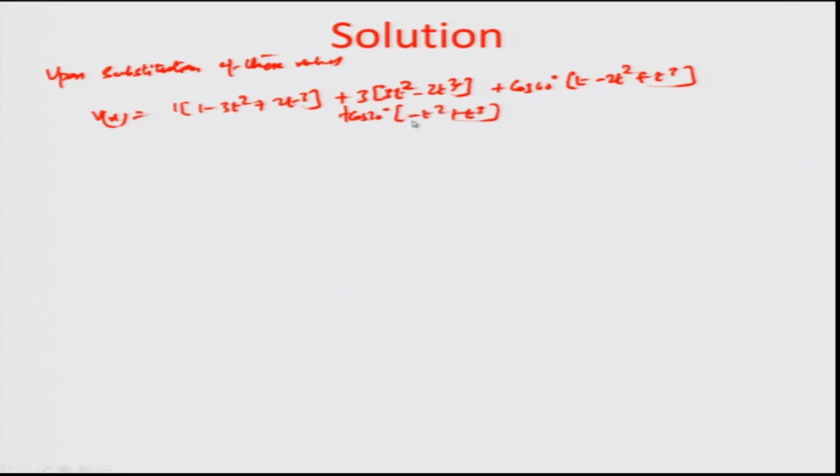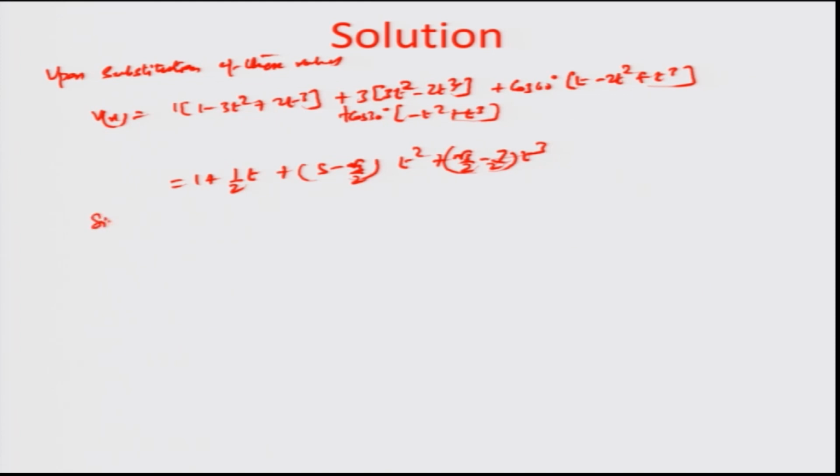Similarly, this comes out to be equal to 1 plus half t plus (5 minus root 3 by 2) t square plus (root 3 by 2 minus 7 by 2) t cube.